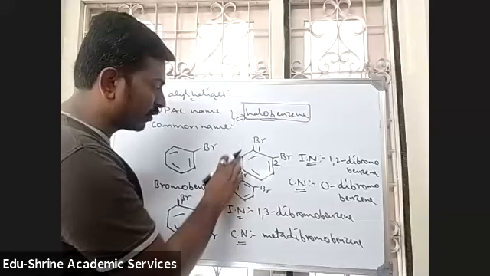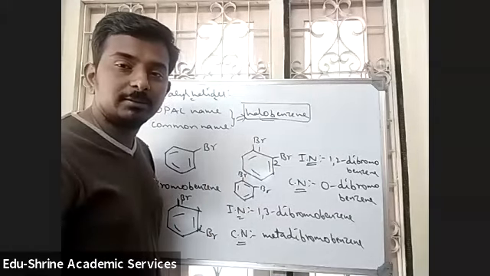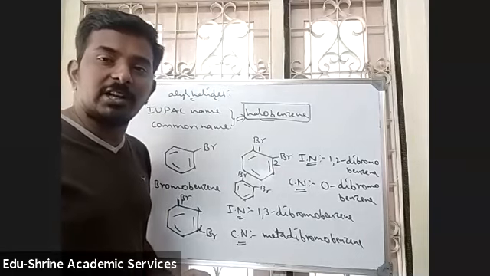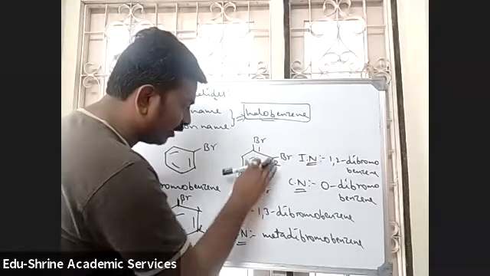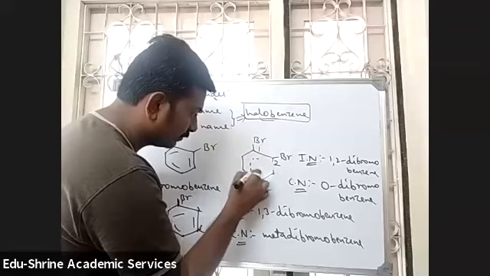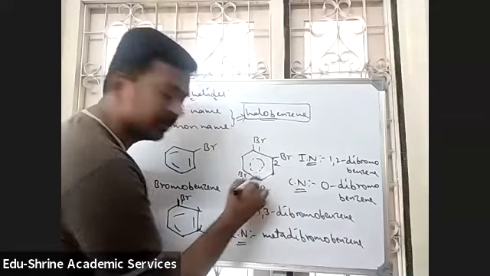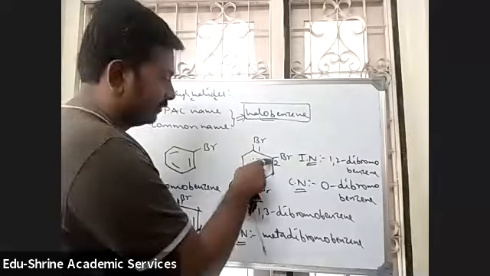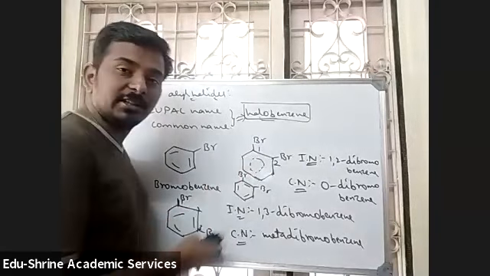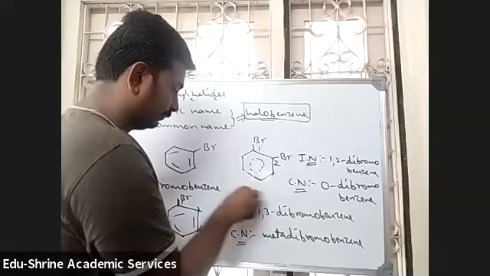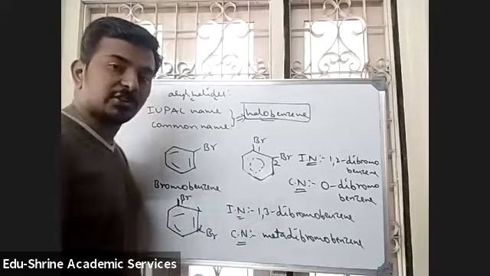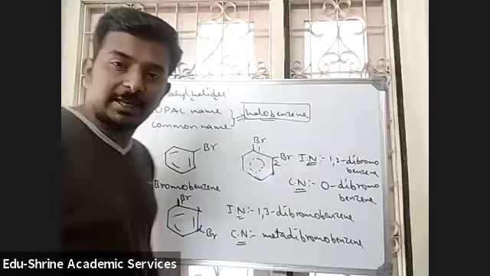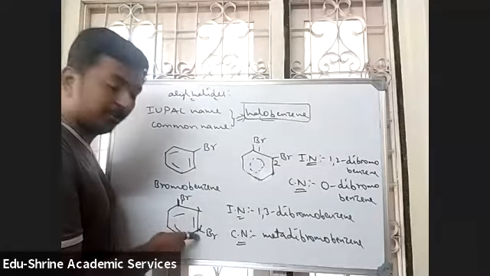But are the double bonds localized or delocalized in benzene? They are delocalized, so in benzene there is resonance. Then how can you say that this is number 2? This is the actual structure of benzene. So the common name is meta-dibromobenzene, because they are present at 1,3 positions.